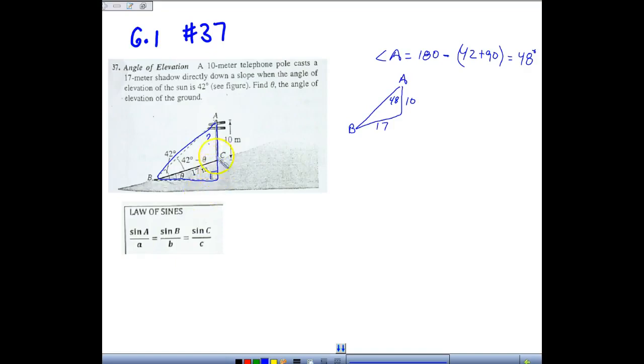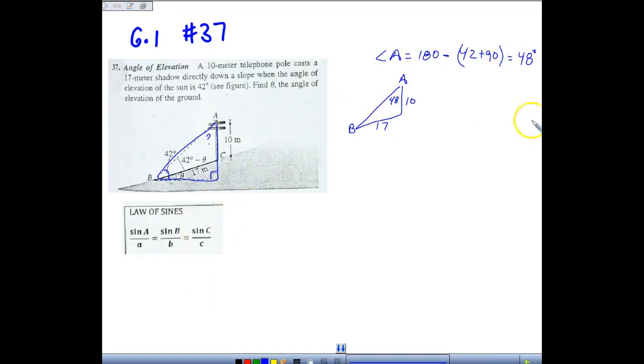If we know two of the angles, we should be able to find the third angle. The acute angle for B is 42, and it's a right triangle, so this is 90. If I add 42 to 90 and subtract it from 180, we get 48. Angle A is 48.